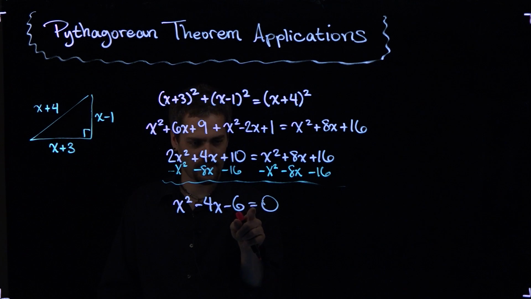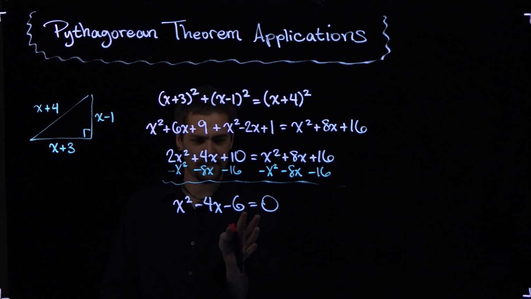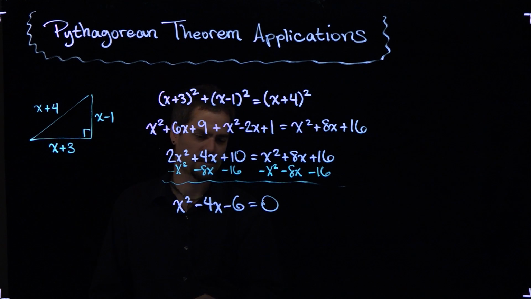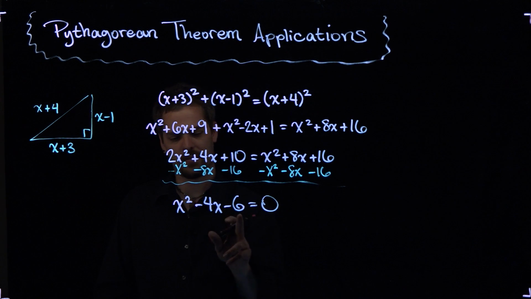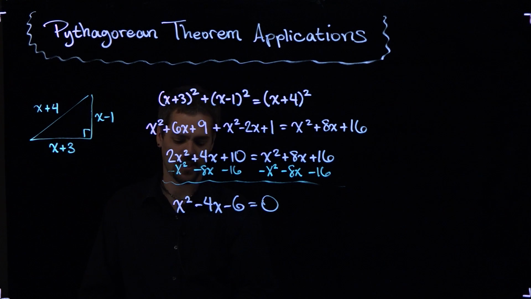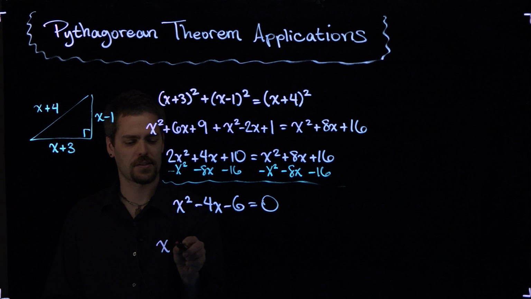We have this equal to 0, so I can use one of our techniques. Can we factor it? I'm looking at the negative 6 to see if this factors, and it does not look to me that any of the factors of negative 6 also add to negative 4, so that doesn't quite work. Let's go ahead and proceed to using the quadratic formula. To use the quadratic formula, we simply state the solutions.